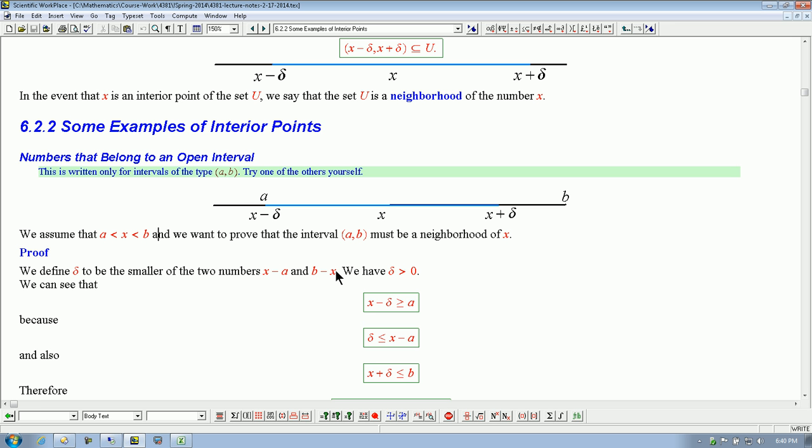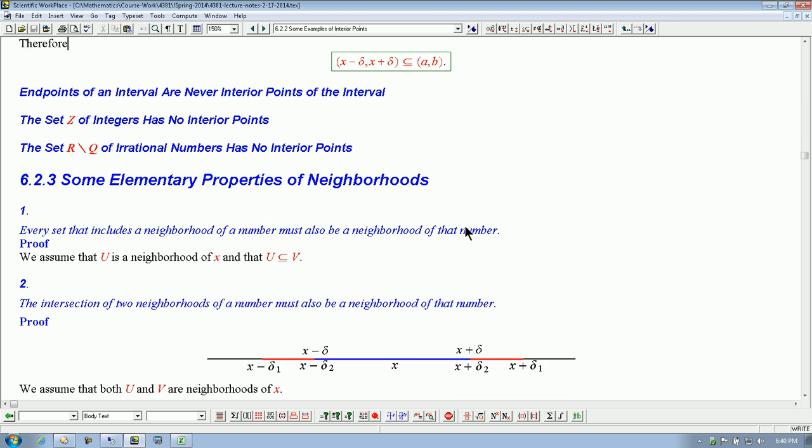And then you prove that the interval center x radius delta is a subset of the open interval that runs from A to B. This is what we did last time, and I am merely referring you to this fact. You have to go and study it now. I'm not going through the proof again. I'm simply reminding you that it is here.